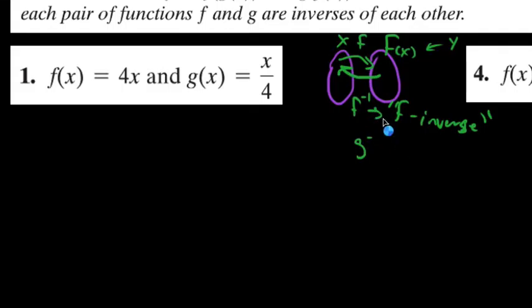This f inverse rule takes the output, this f of x value, which was in the range of the original, and we plug it into the inverse function. So the range values of the original are the inputs for our inverse function, the domain values of our inverse function, and it sends them back to x.